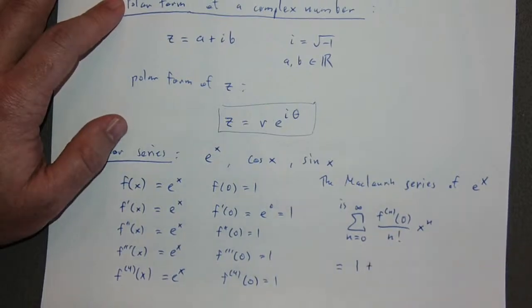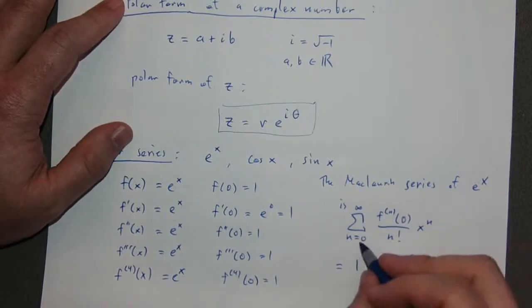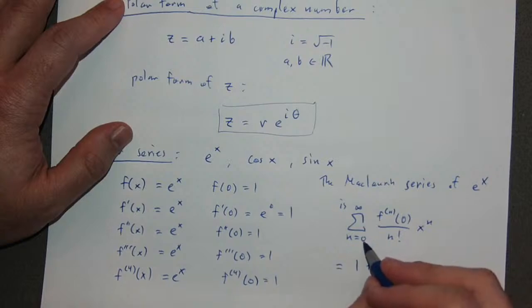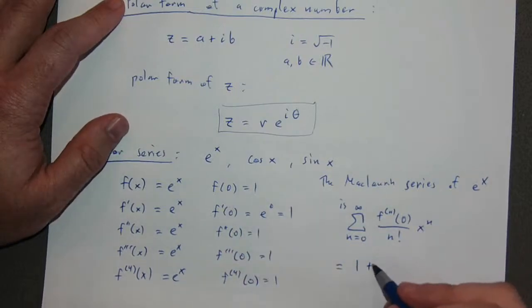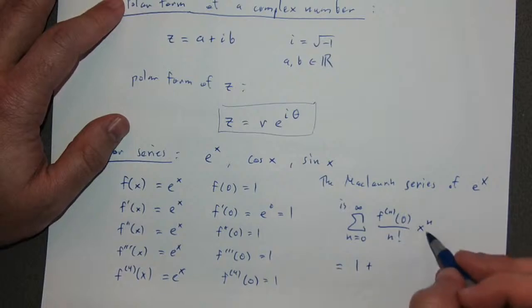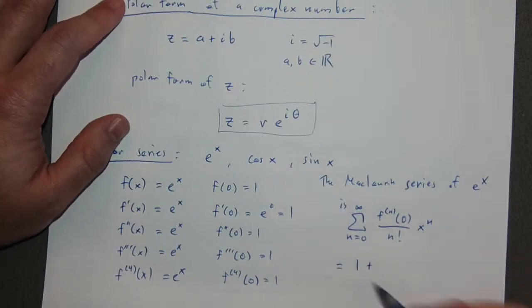plus 1. So this is the 0th term, this is over 0 factorial, so it's f of 0, which is 1 over 1, which is 1. x to the 0 is also 1, so that's 1.